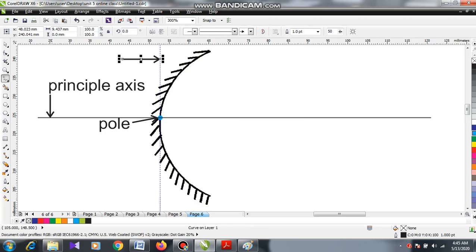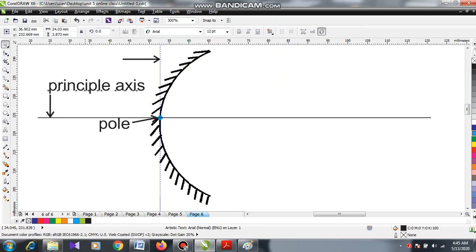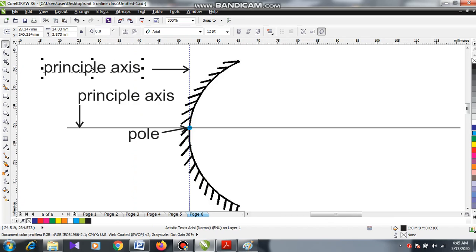You children know that one. We used to draw the optical axis with broken lines. Follow the same principle. Don't try to change the ideas. So it is the optical axis.